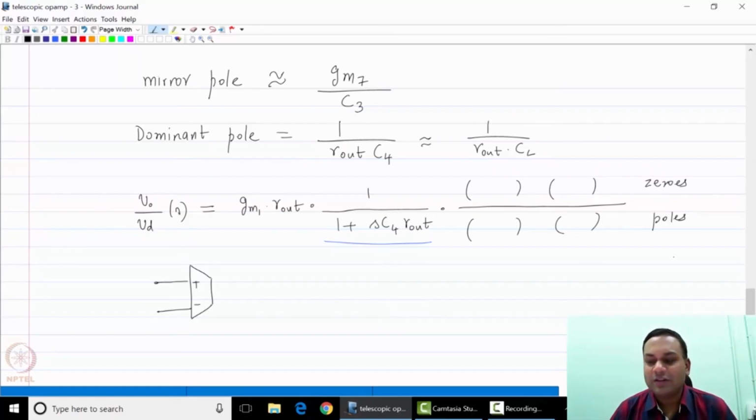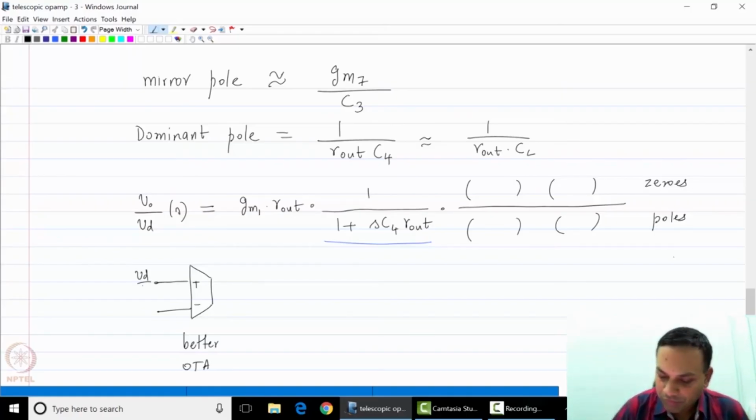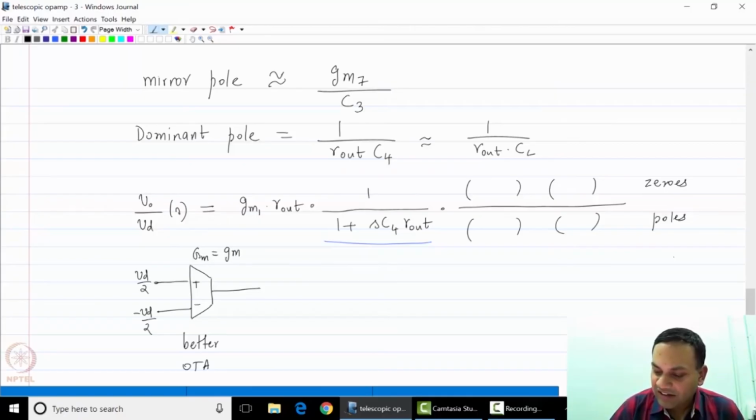Because the output resistance of a telescopic op-amp is larger than that of a one-stage op-amp, this is a better OTA compared to a one-stage op-amp. Its transconductance is the transconductance of the input pair, and the dominant impedance would just be the output resistance in parallel with the output capacitance CL.